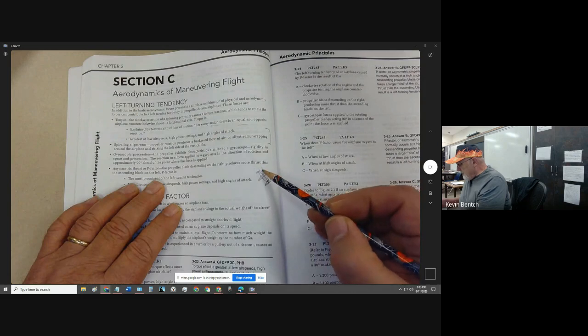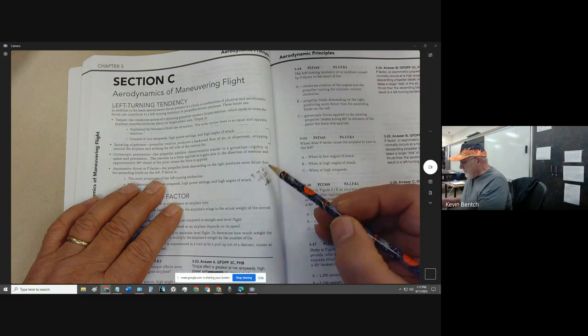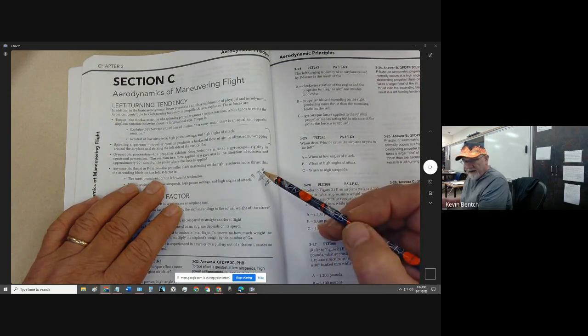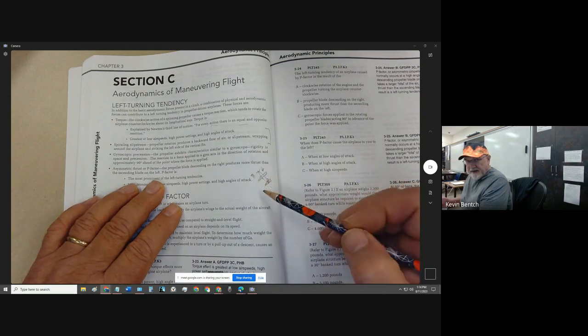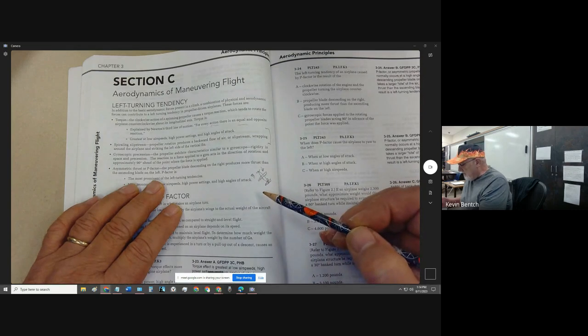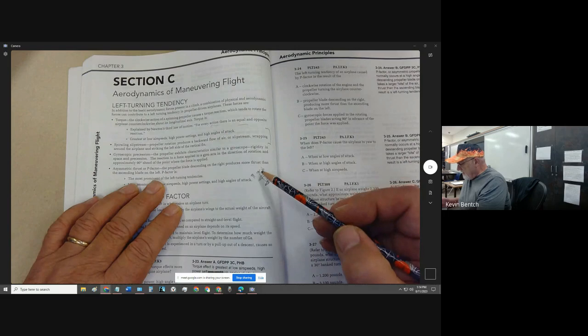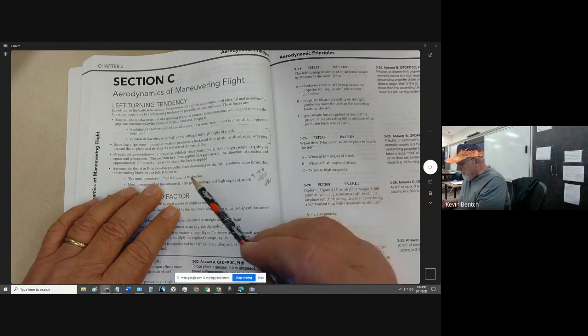So the prop is going down over here and going up over there, and when it goes down, it produces more power than when it's going up, which makes the plane want to turn to the left because it's weaker on this side and stronger over here. The stronger wants to push against the weak.